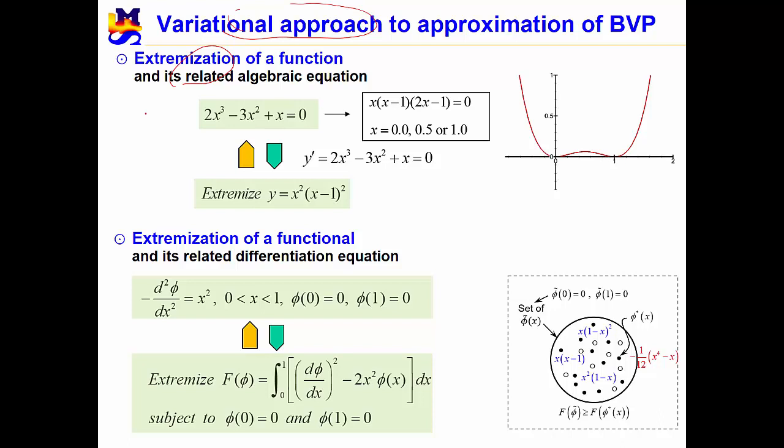For example, to extremize this function, we have to solve this necessary condition to obtain the potential extremum points. Now, let's consider the reverse of the above process. Let's assume that we can obtain the function associated with the given equation by integrating it, which is the necessary condition of this function.